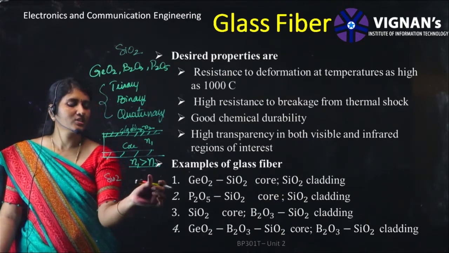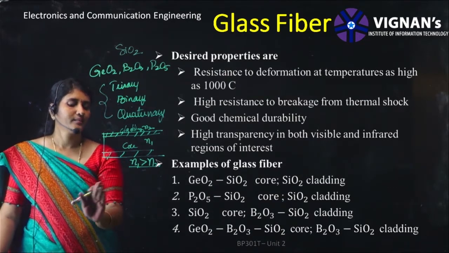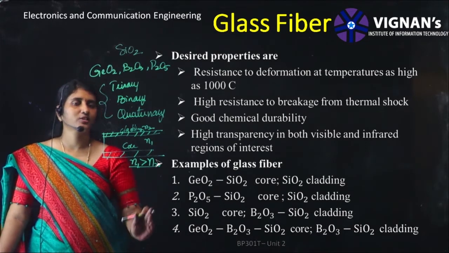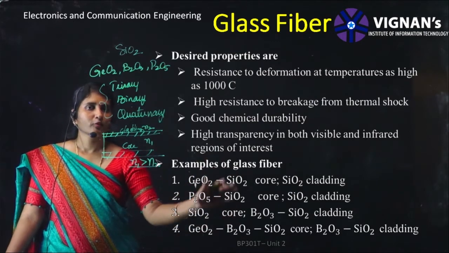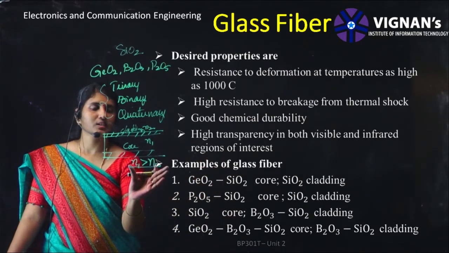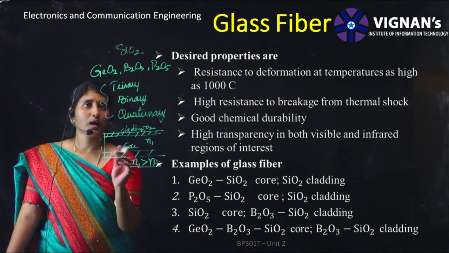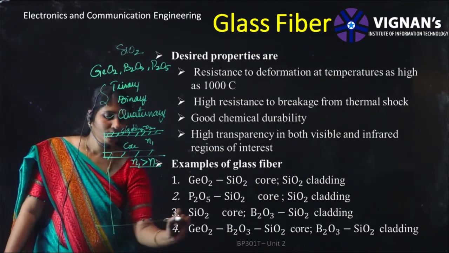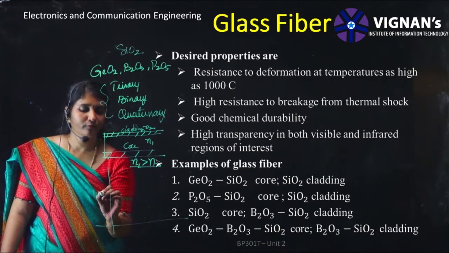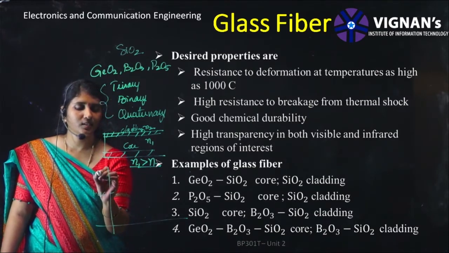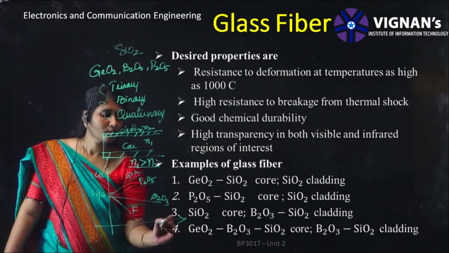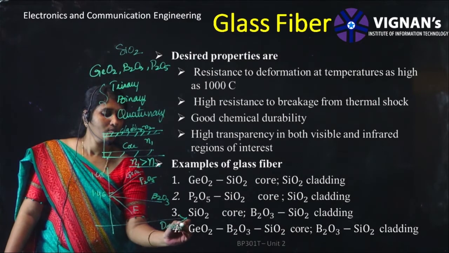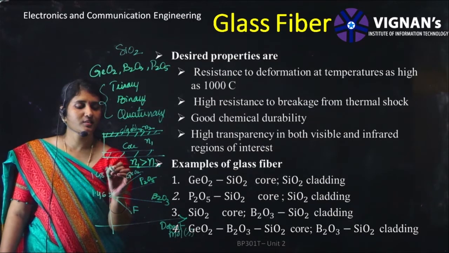If this condition is not satisfied, then the total internal reflection phenomenon will not occur, and these combinations are done by keeping this condition in mind, right? So how? As I told you, 1.48 is the glass refractive index, right? Here is the dopant molecule percentage, and here is the refractive index.